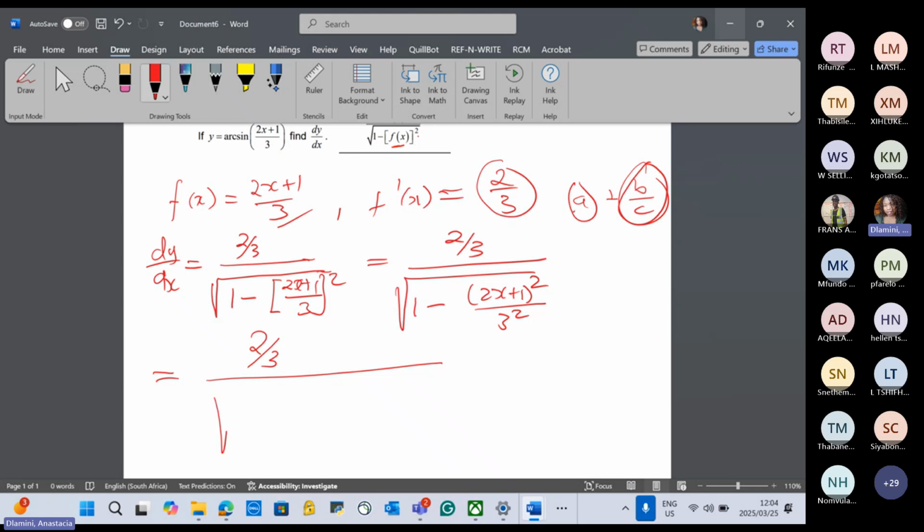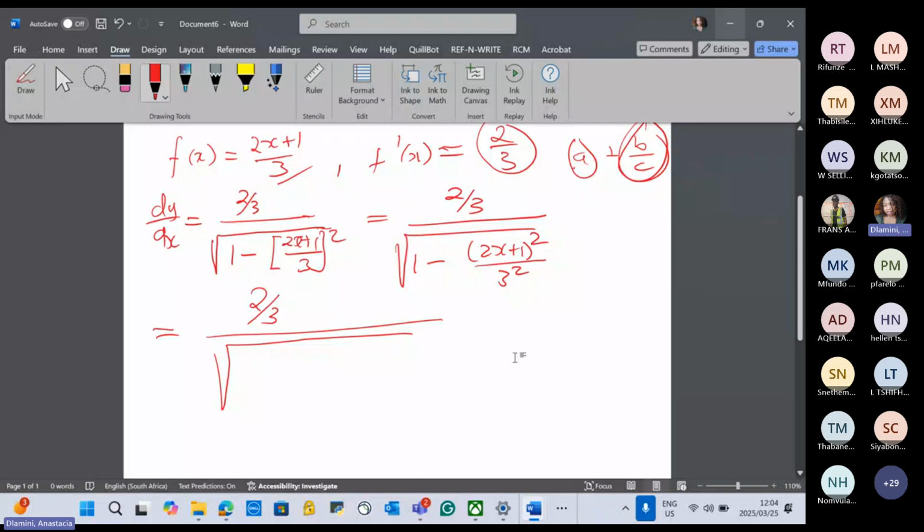So she's saying, okay, fine. What we can do is change the other one to a fraction first. Any constant can be changed to a fraction by dividing by 1. So we can say 1 over 1 minus (2x plus 1) squared over 3 squared. So she says we do the butterfly method.